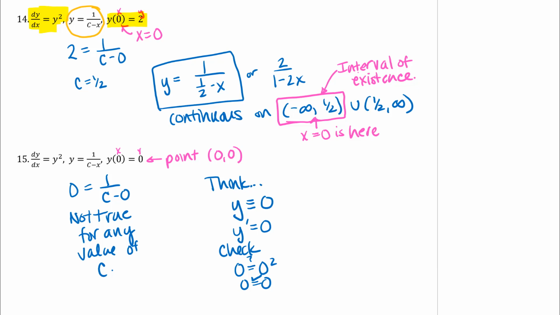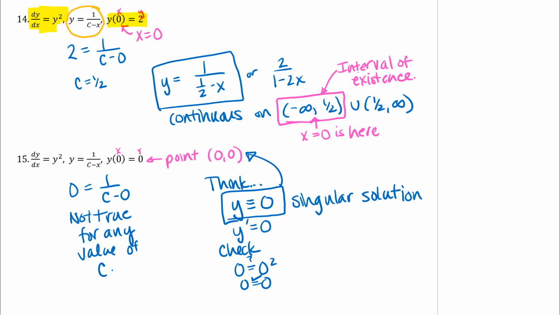And so this is a function that does satisfy the differential equation, and it does pass through the point 0, 0. So this would be an example of what we talked about in the vocabulary as a singular solution. We will talk in section 1.4 about how to find singular solutions and think about, how do we know if we might have one or not.